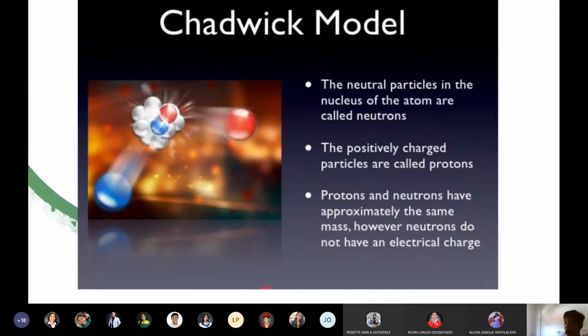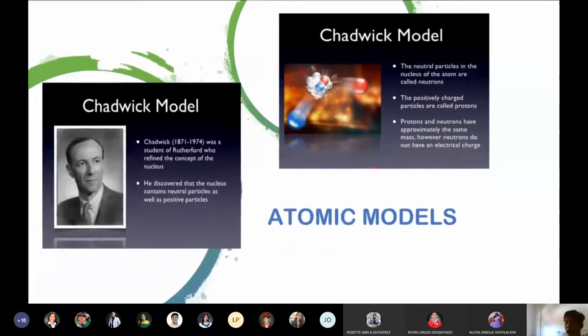So Chadwick was credited for the discovery of neutrons. For the protons, the credit was given to Rutherford, because he was the one who was able to see that the nucleus is positively charged. That positive charge is from the proton, so the credit was given to him. But Chadwick claimed the credit for the discovery of neutrons.